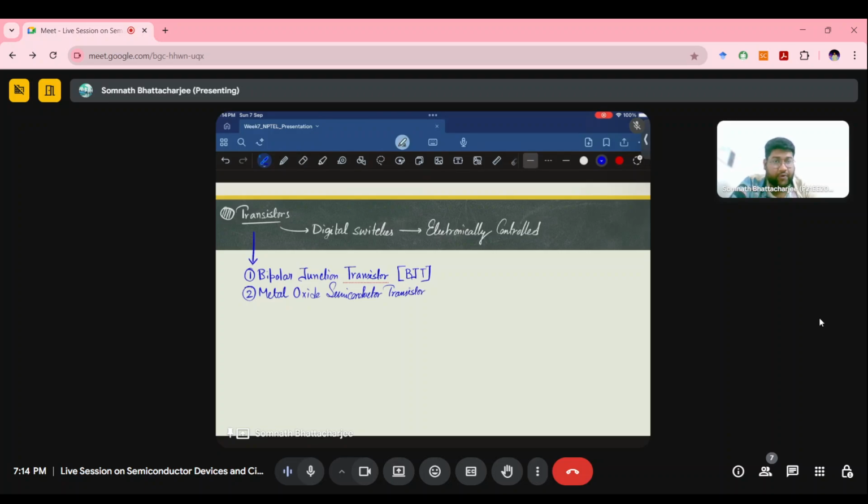From the name we can suggest that there is a metal layer, there is an oxide layer, and there is a semiconducting layer. So there are three kinds of layers in this case. These are called MOSFETs.